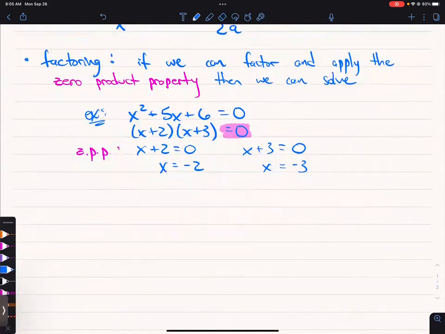Okay, and then the other thing that we talked about was the idea of using a square root. If we have a perfect square, we can take a square root.